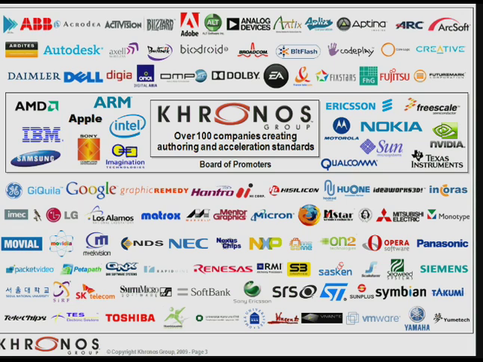So it's important that we have this good representation. It not only gives us the skill set to create standards that do meet the problems that need to be solved, it also gives us a good mechanism for getting these standards, once they're complete, out into the industry and driving their adoption in a commercially significant way.